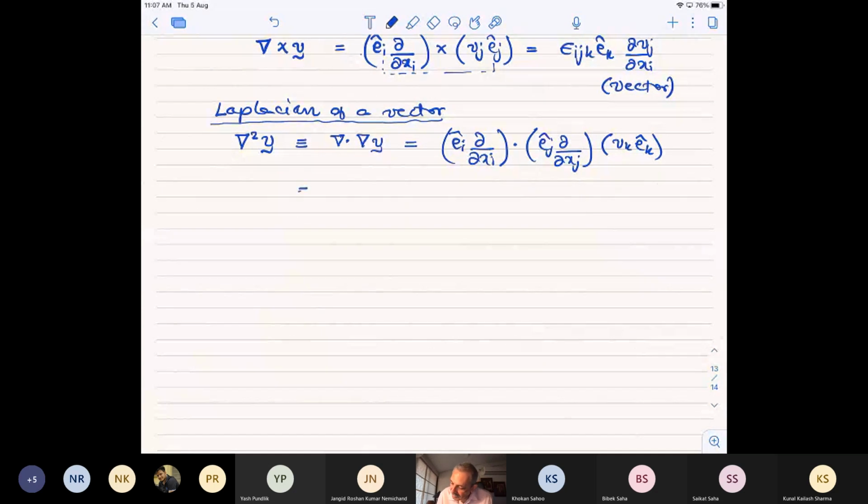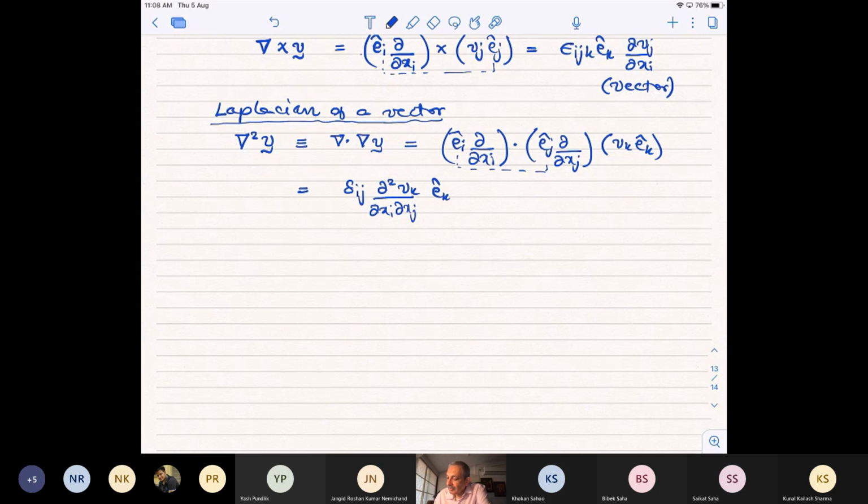So when we take this out, you see that this dot product is between these unit vectors. So this gives us delta_ij for the dot product. Then these two derivatives will give us a second derivative, so del squared by del x_i del x_j, operating on V_k and multiplied by the unit vector.